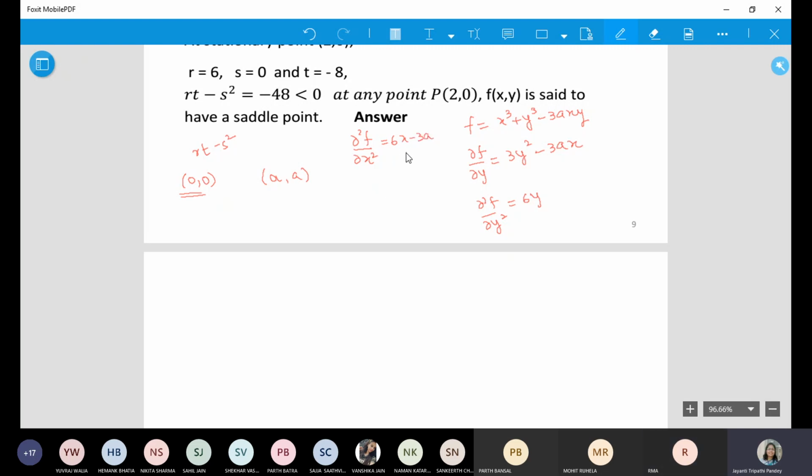So when you put 0, 0, you will get r as minus 3a. What will be your t? This will be 0. That means t is 0.